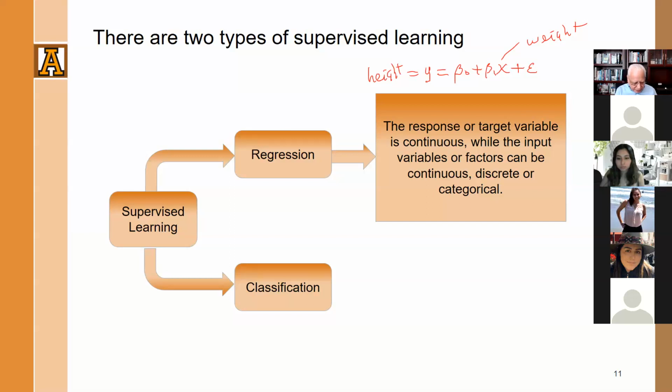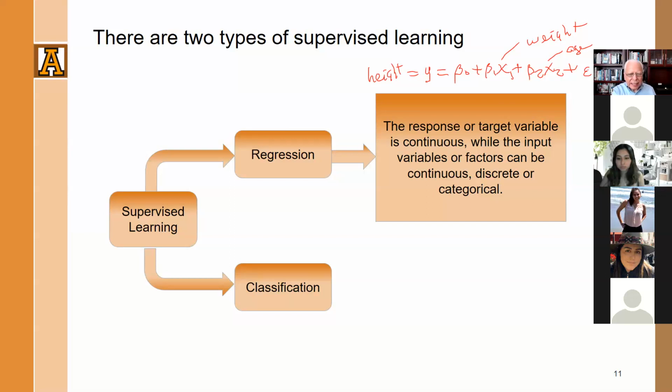It's not limited to one variable. I can have more than one variable: beta 1 x1 plus beta 2 x2, where maybe x1 is weight and x2 is age, plus random error.